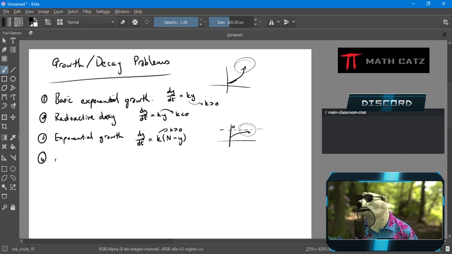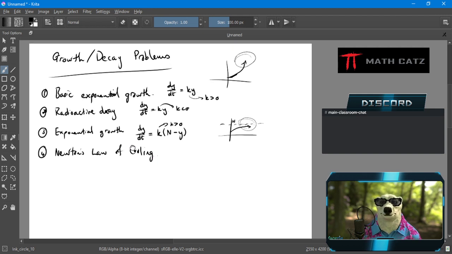The next one I want to look at is Newton's law of cooling. Cooling? Can I write cooling? Oh, come on. Cooling. There we go. So let's see what that says. Let's just write it over here.